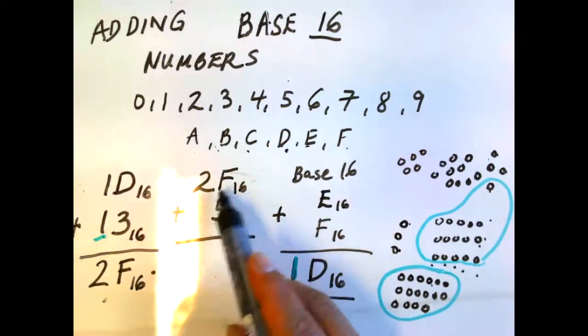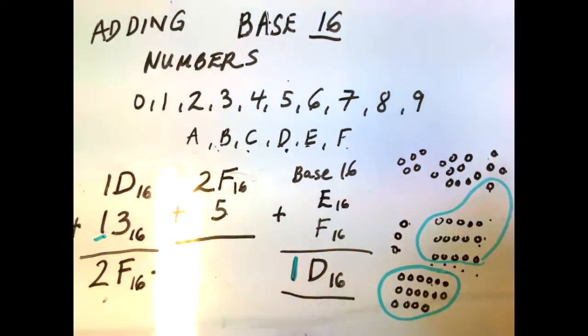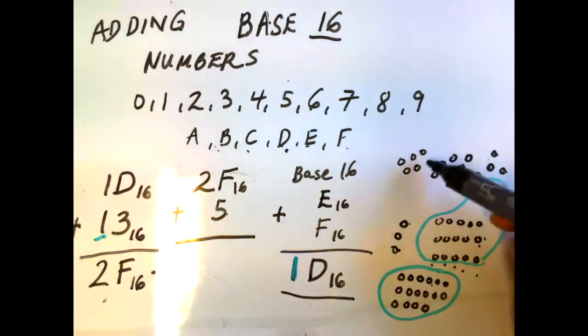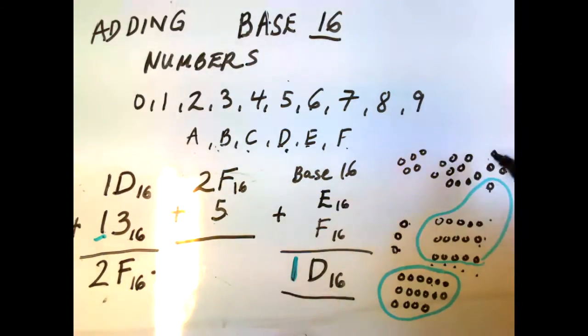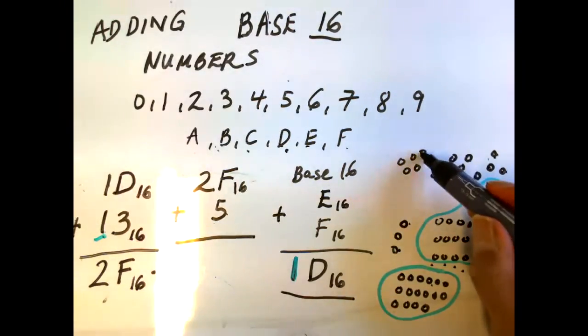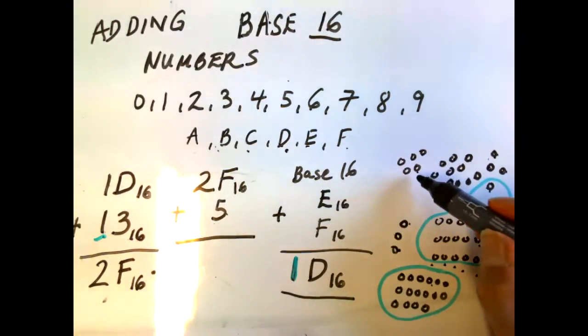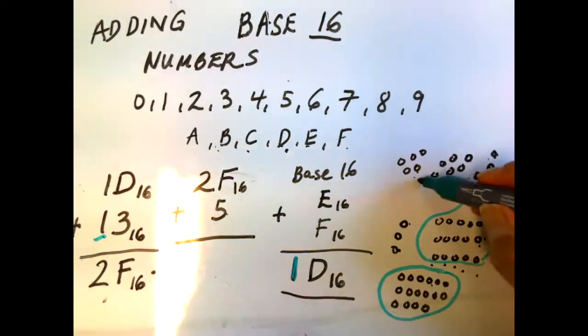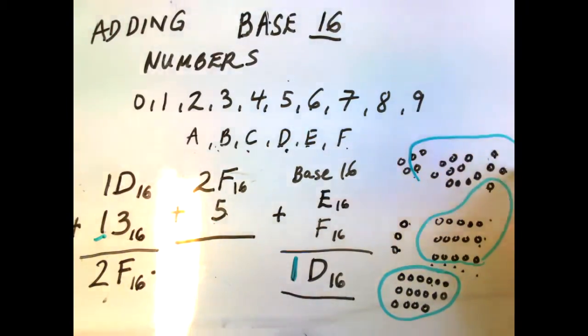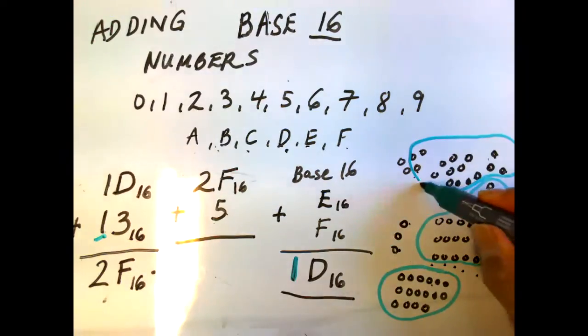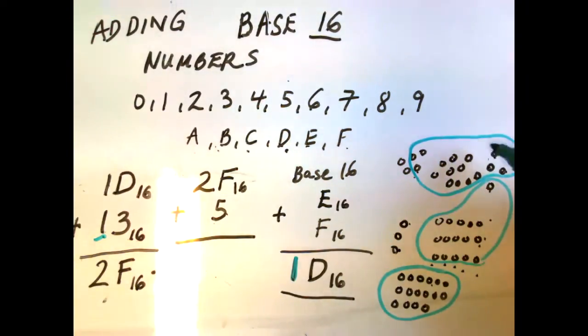Now, if we add them, what's the answer? We need to ask, can these little circles outside the green one make up 16? So let's count 1, 2, 3, 4, 5, 6, 7, 8, 9, 10, 11, 12, 13, 14, 15, 16. So the one in here makes another 16. So it makes 1 16 and 5 outside.